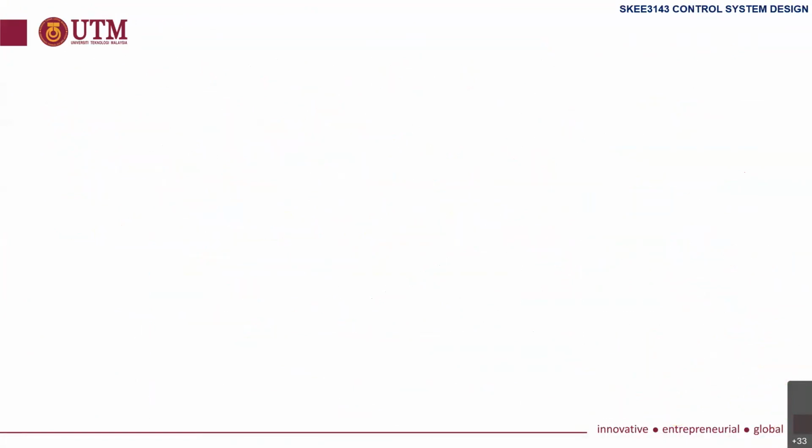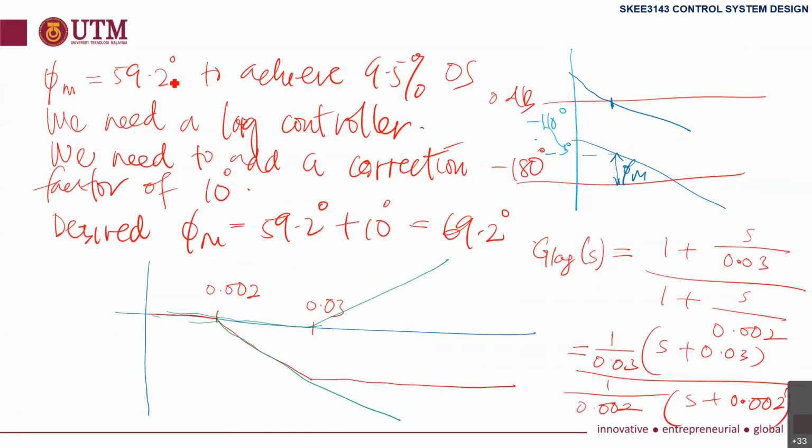Right, then we can proceed. We can rewrite again the equation, the transfer function, 1 over 0.03 divided by 1 over 0.002.